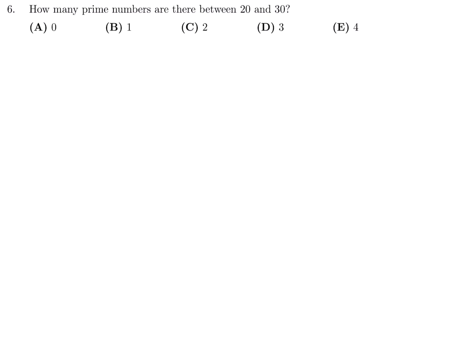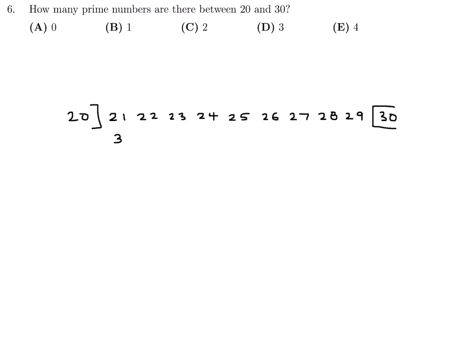How many prime numbers are there between 20 and 30? Let's first write out all the integers between 20 and 30. Remember, it's between, so we're not including 20 and 30. Well, 21 is divisible by 3, so that's not prime. And we can cross out all the even numbers because they are all divisible by 2.